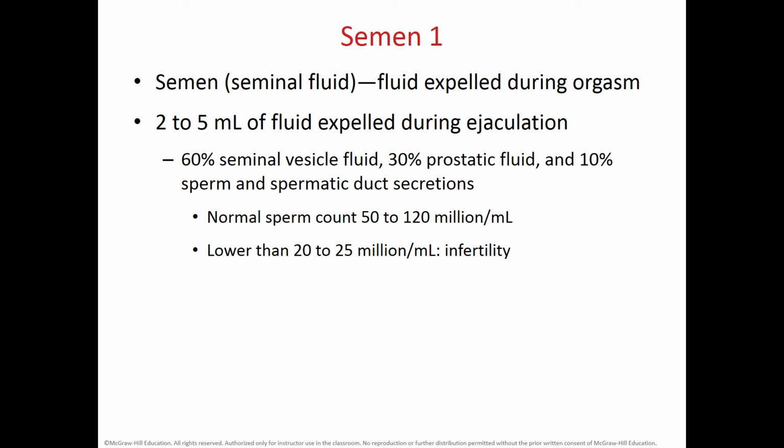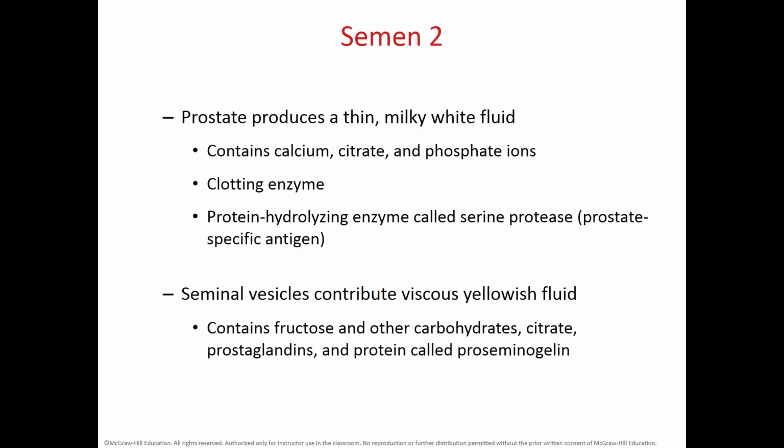The normal count of sperm cells is between 50 to 120 million cells per milliliter. So if you want to calculate the total, you just multiply times 5 for the maximum, and a lower count, between 20 to 25%, is suggestive of infertility.